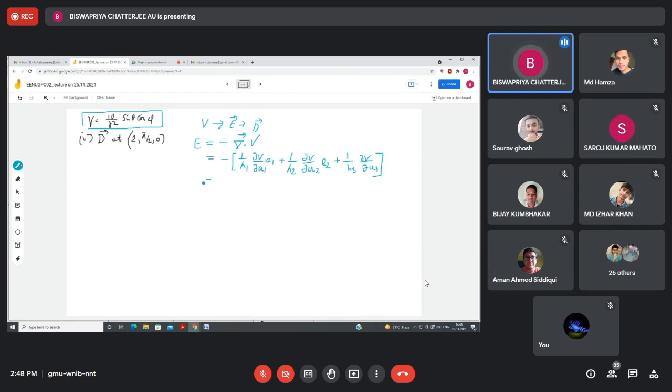Now if you put values one by one, in the spherical system H1 is 1, H2 is R, and H3 is R sin theta.